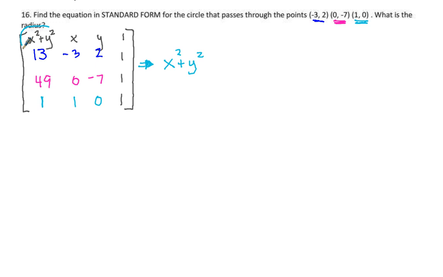We take the first column, first row, and we eliminate this one's column and this one's row, and we find the determinant of what's left. So -3, 2, and 1, 0 and -7 and 1, 1 and 0 and 1.